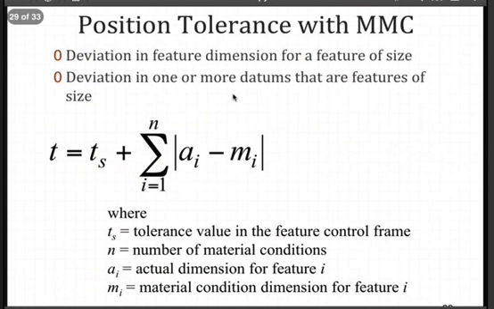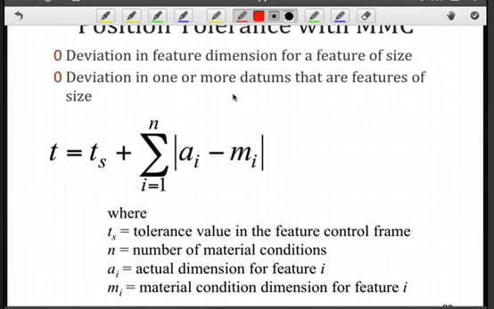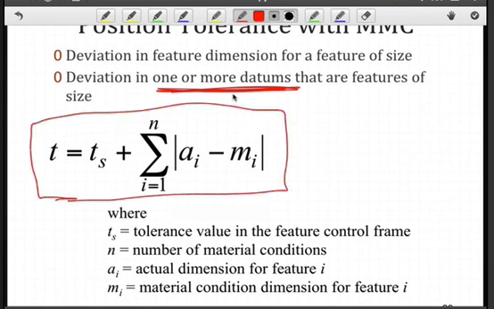Now, if we have MMC conditions, as we've seen before, what we're going to do is add in the additional tolerance that we would have due to the feature deviating from its maximum material condition, or one or more datums that may be in the feature control frame that are also features of size. And we can represent that as a sum where we have the static portion here.